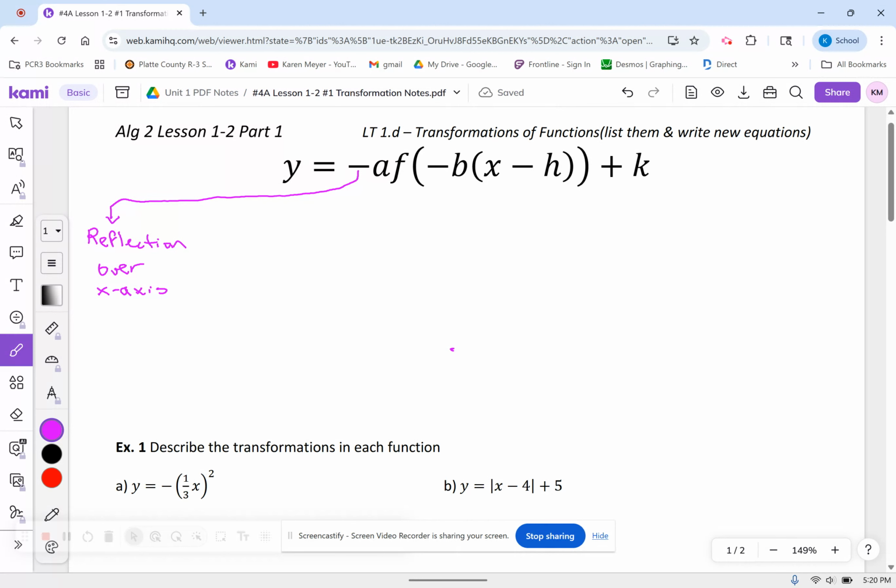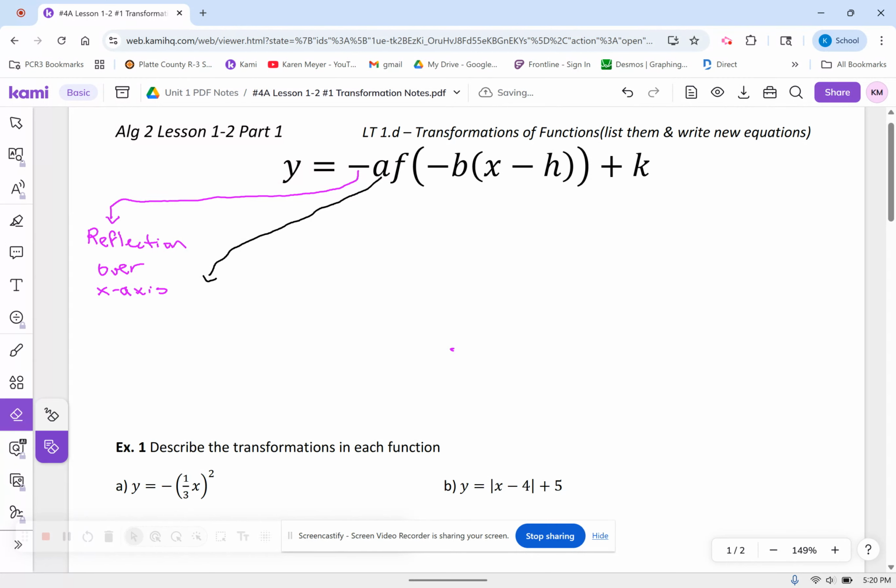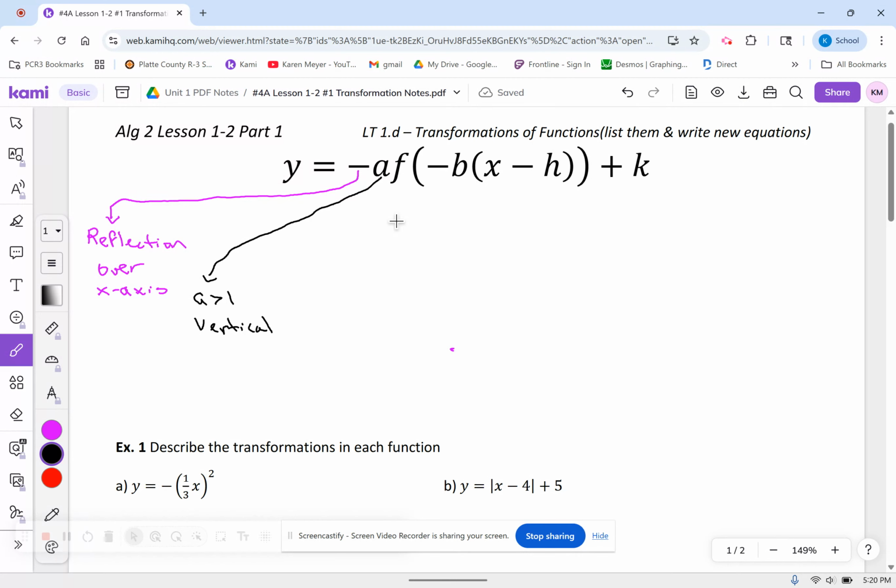Okay, the next thing that we have is the letter A. With the letter A, one of two things can happen. If A is larger than 1, that's what we're going to call a vertical stretch by whatever the letter A is.